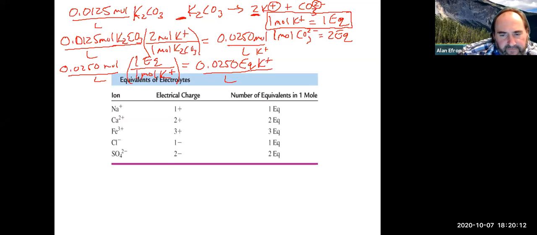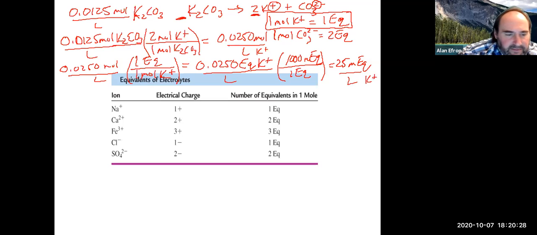And using our conversion factor, 1 equivalent is 1,000 milliequivalents. That will convert us into 25 milliequivalents per liter of potassium in this particular case. So for potassium in this solution, it would be 25 milliequivalents per liter, or 0.025 equivalents per liter.